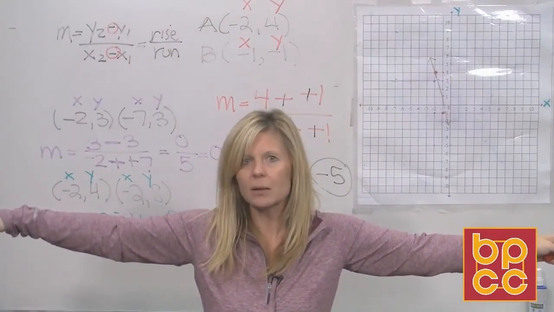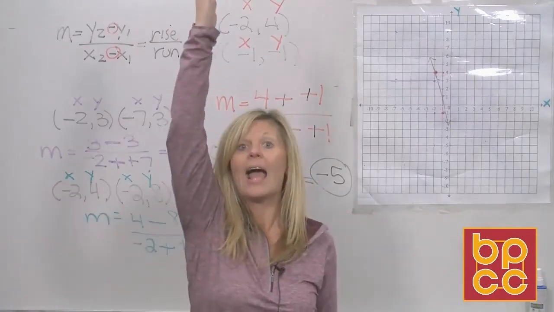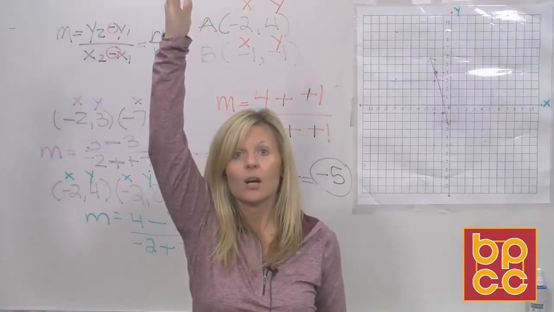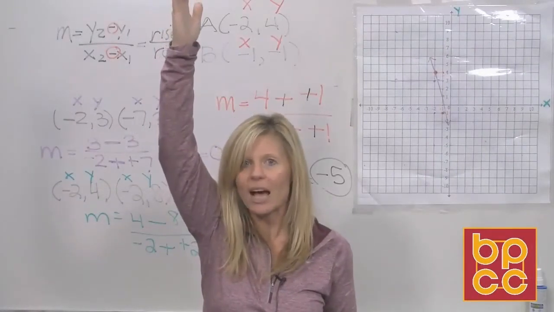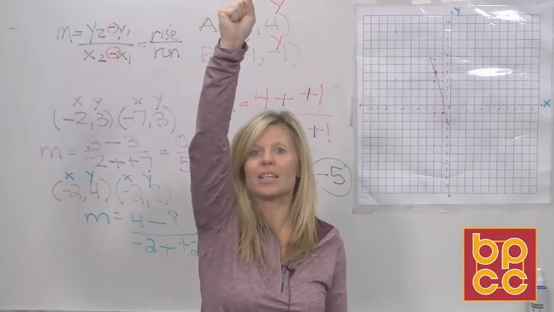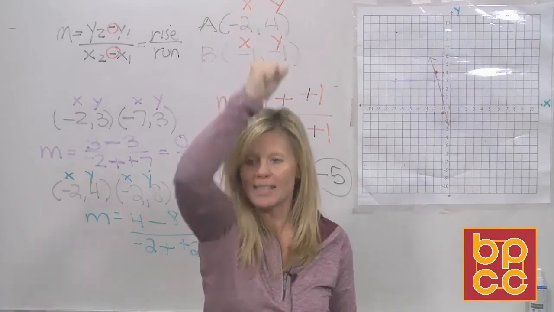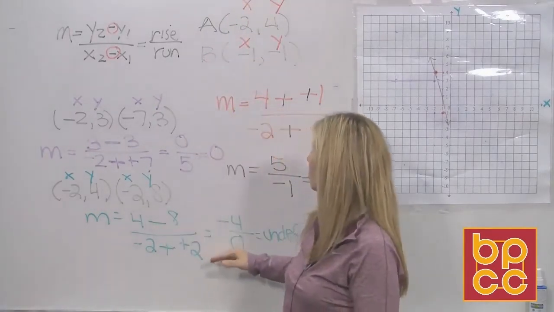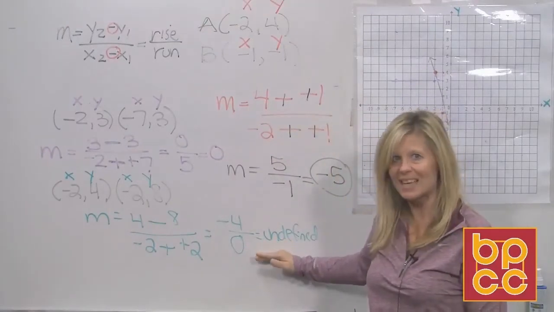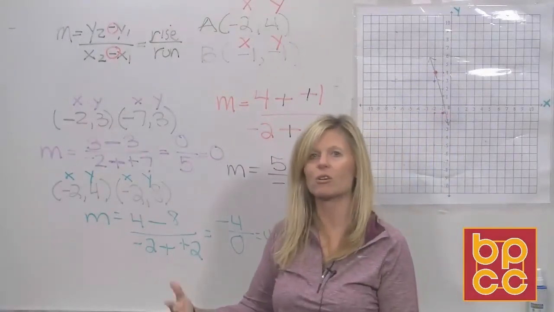What line's missing? Very good. A vertical line. Vertical lines you cannot ski down. Think about that in real life. If you were going to the top of a mountain and I asked you to ski, you would not ski vertically. You would kill yourself. So when you get a slope that's undefined, that doesn't exist, it means we would have a vertical line.